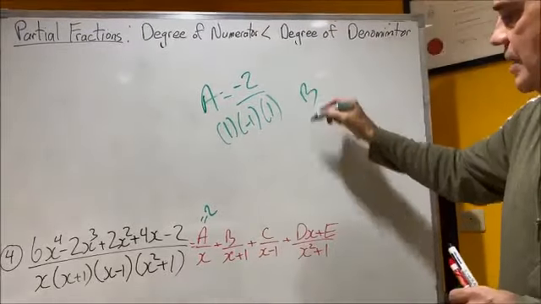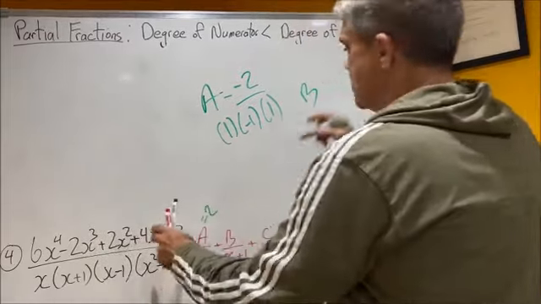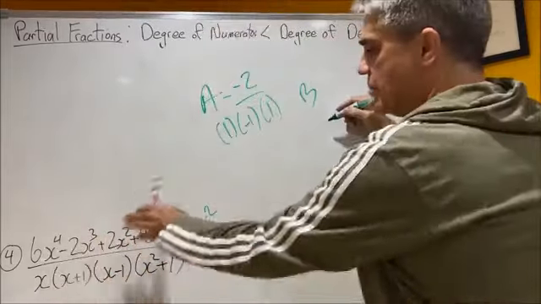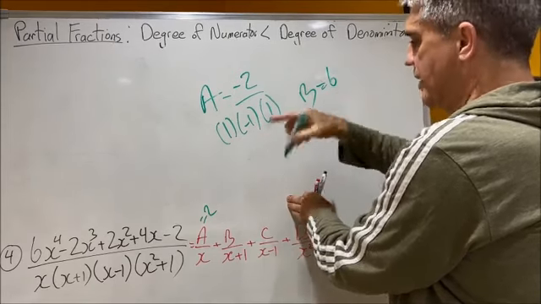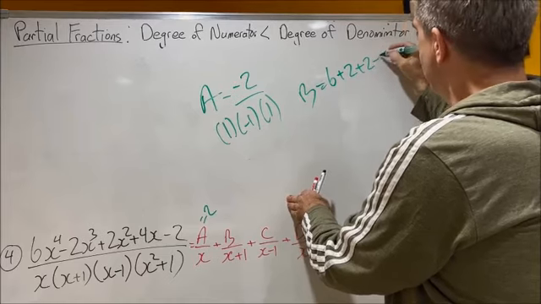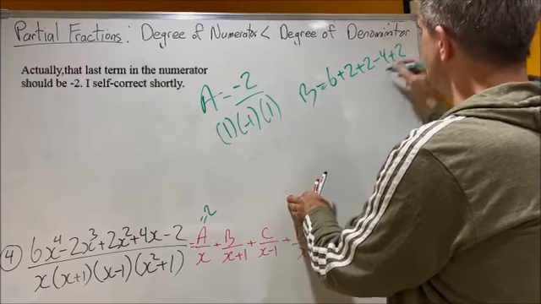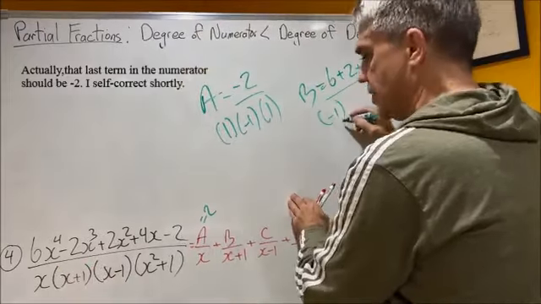Same thing with the B. Now B, we're going to put in minus 1 this time, so be careful. So we cover x plus 1. We're going to put a minus 1 on top. That equals 6. That's now minus, that's going to become plus 2, minus 4, plus 2, all divided. Remember, we're putting in minus 1 with that covered. We're going to have a minus 1 here.